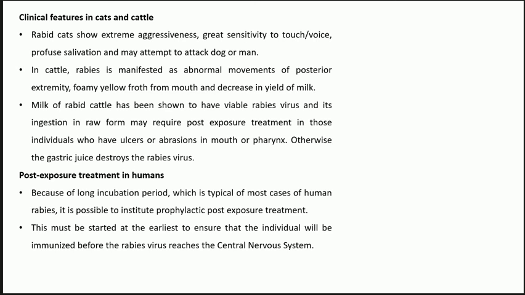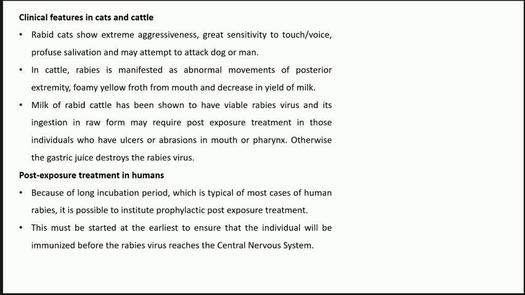Milk of these cattle is going to have viable rabies virus, and its ingestion in raw form may require post-exposure treatment. In those individuals who have ulcers or abrasions in the mouth or pharynx, otherwise gastric juice destroys the rabies viruses.